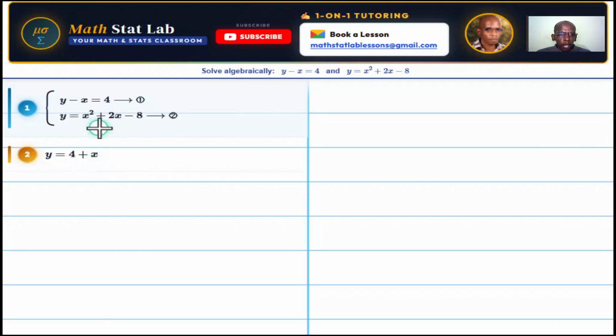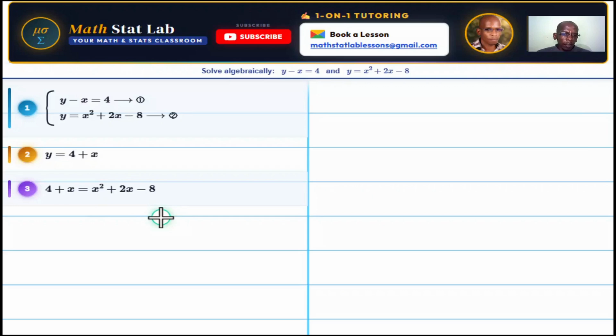So x squared plus 2x minus 8 should be equal to 4 plus x. I can write those two equations like this, where the first y, which is 4 plus x, is equal to the expression of the quadratic equation, which is x squared plus 2x minus 8. And this is what we call the comparison method.